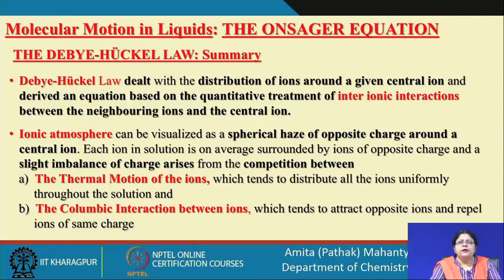It was based on having an ionic atmosphere around the central ion. The Debye-Huckel theorem dealt with the distribution of ions around a central ion, and based on that an equation was derived on the qualitative treatment of interionic interactions between the neighboring ions and the central ion.